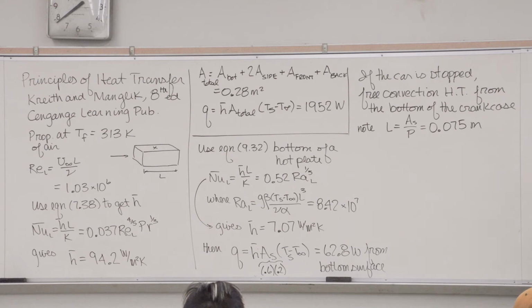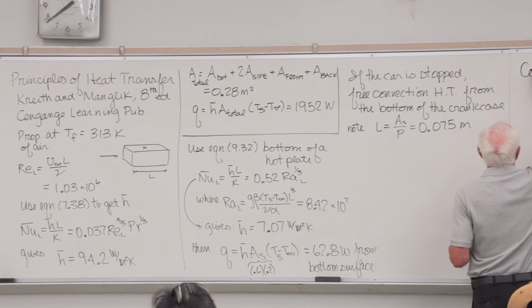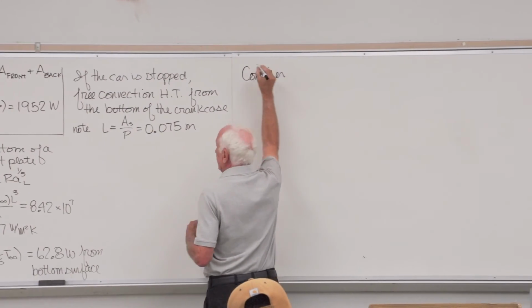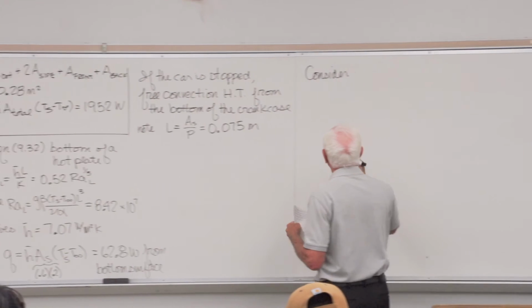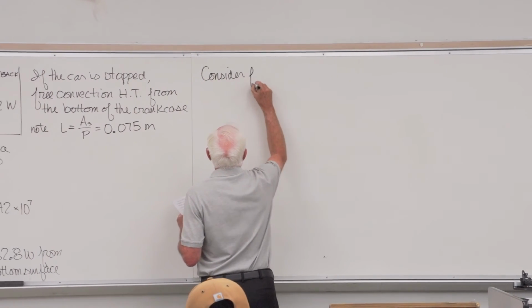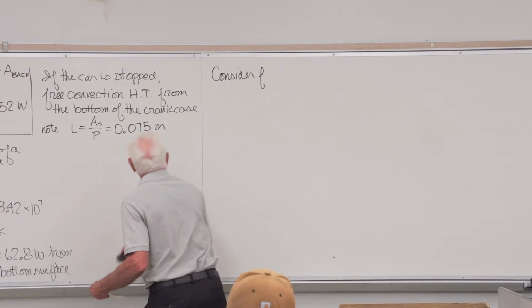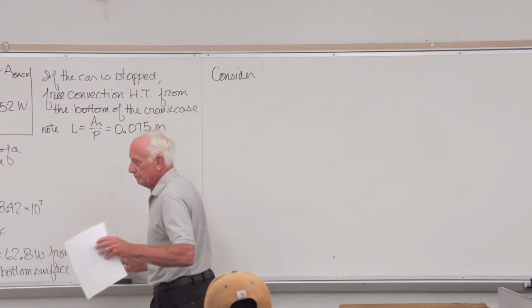Okay, so now consider radiation from the bottom surface. Again, he didn't do that in that example problem, but I'm adding things to it for you. Consider radiation just from the bottom. We could do the sides, but we'll just do the bottom.